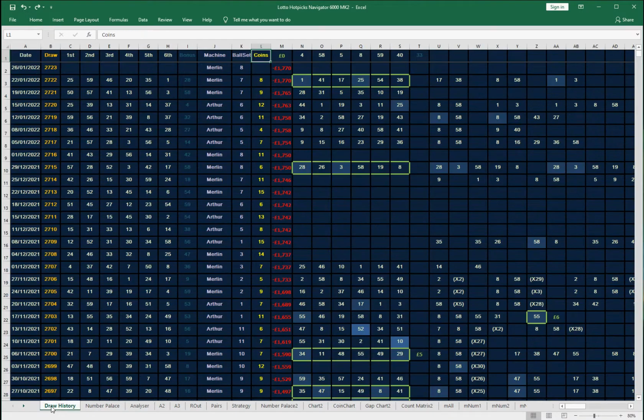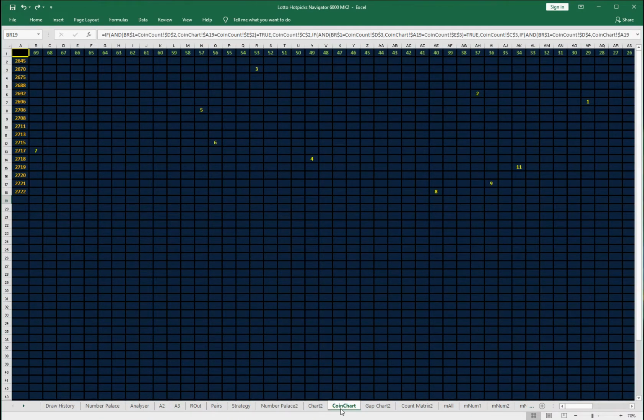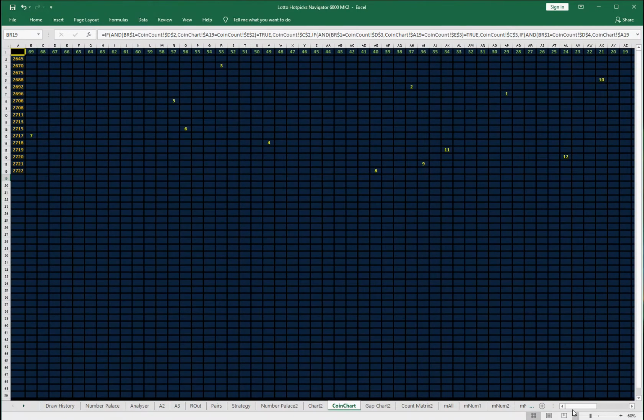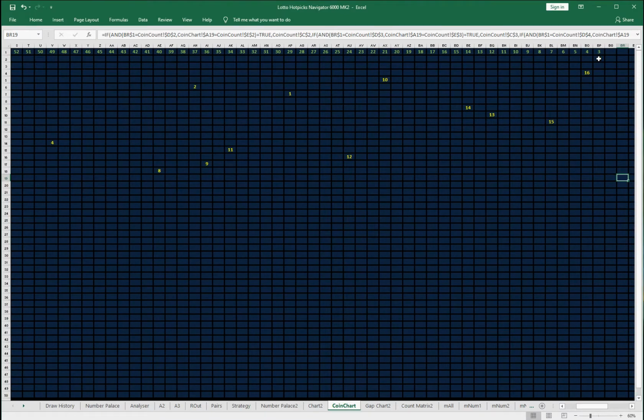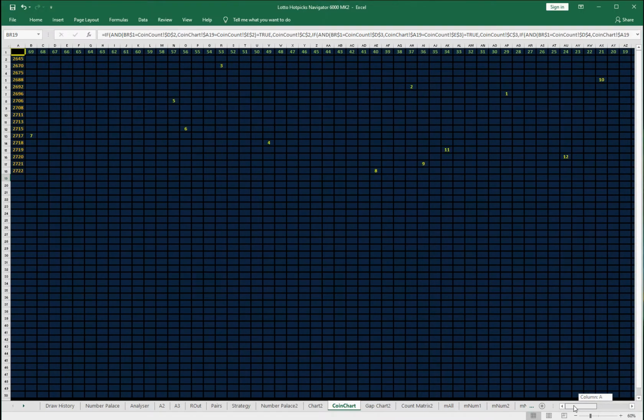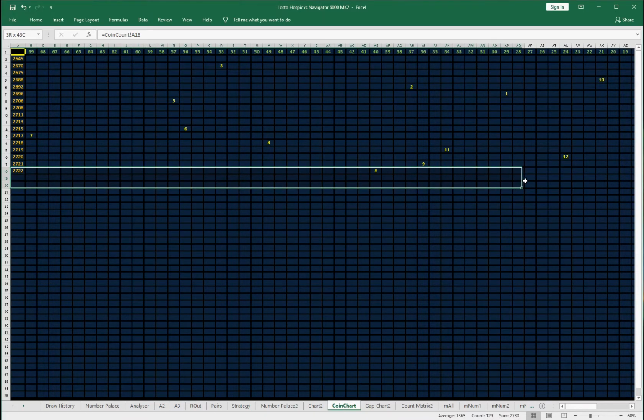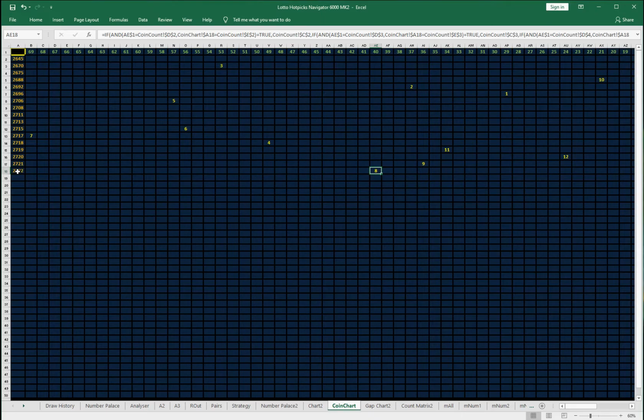So what I can do with these coincidence numbers is produce a coincidence chart, which basically looks at the frequency of each possible number of coincidences and the last time it occurred. So as you can see, in the most recent draw, there were 8 coincidences.